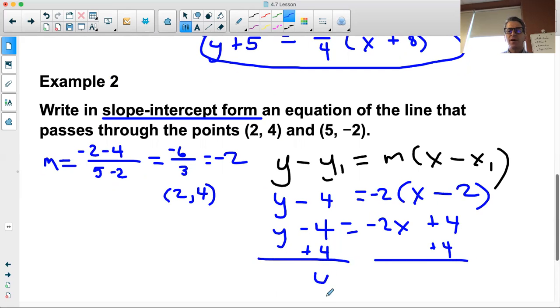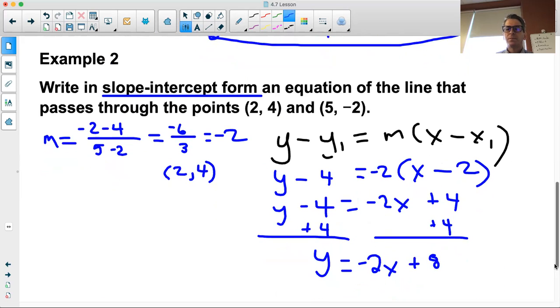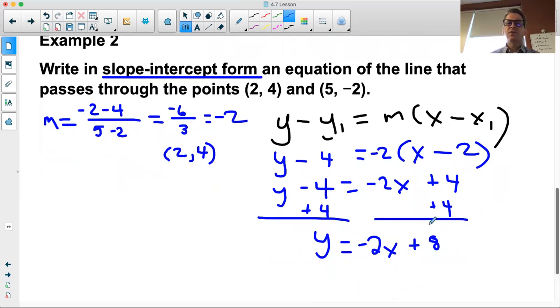Your answer is y equals negative 2x plus 8. You'd want to circle that.